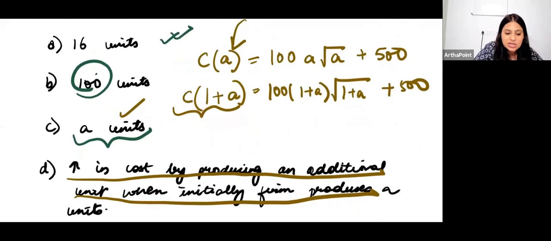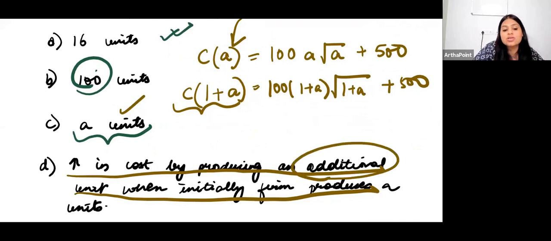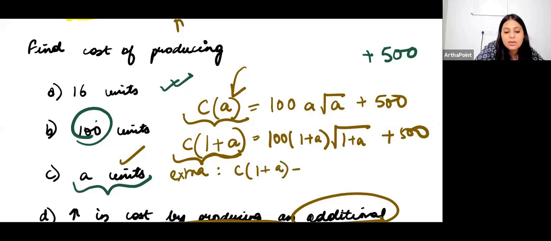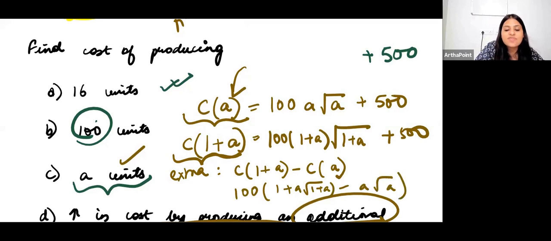Now the question is asking, what is the additional cost? What is the extra cost you incurred? This is the cost of producing 1 plus A units. This is the cost of producing A units. What is the extra cost that you had to incur? C of 1 plus A minus C of A. You just subtract this and you will get 100, 1 plus A root 1 plus A minus A root A, because 500 and 500 will get cancelled.